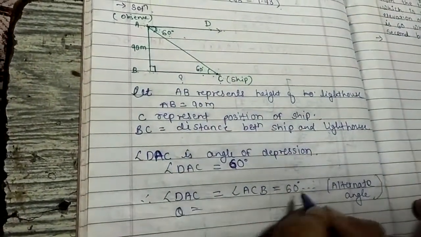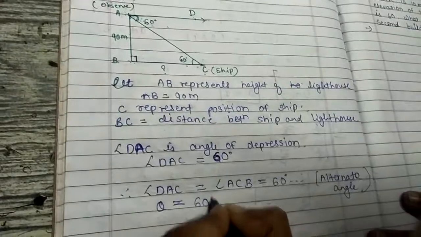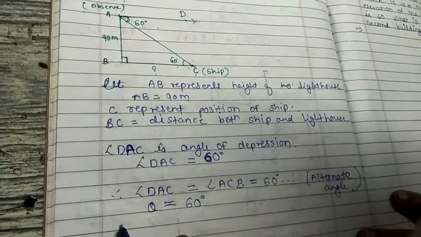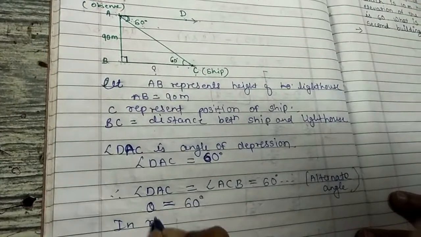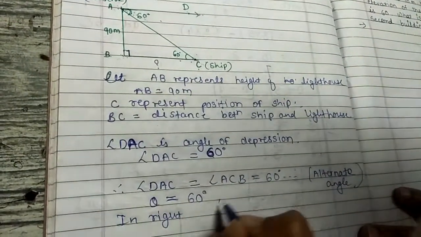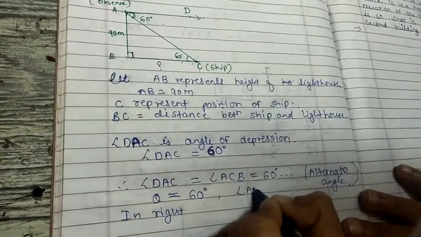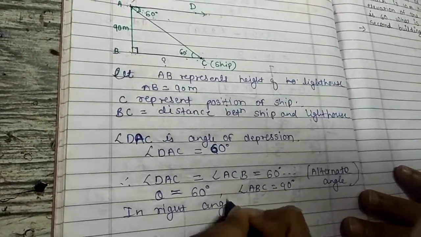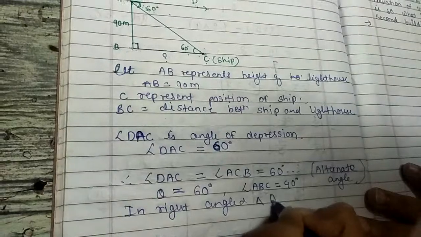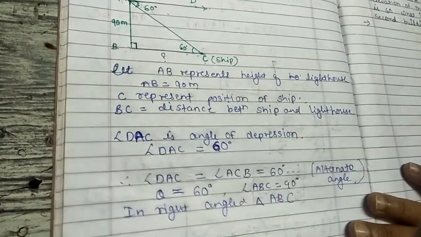Just mention this 60 degrees is the theta angle, so theta is equal to 60 degrees, and here just mention angle ABC is equal to 90 degrees. Therefore in right angle triangle ABC, now what do we have to find?